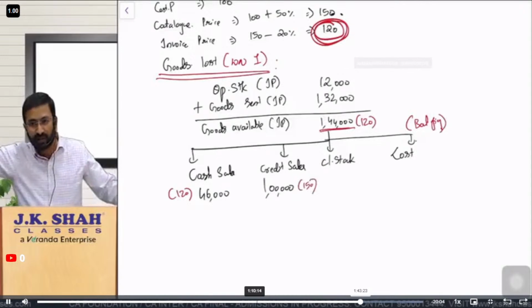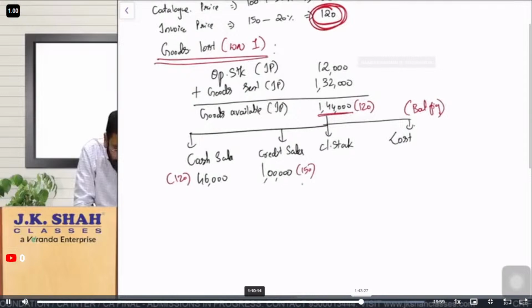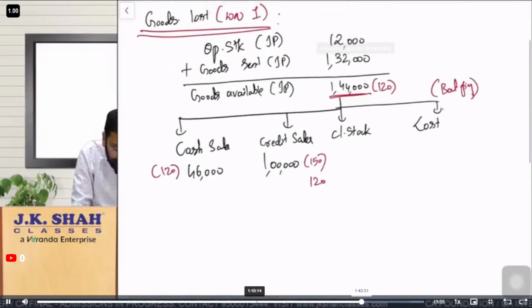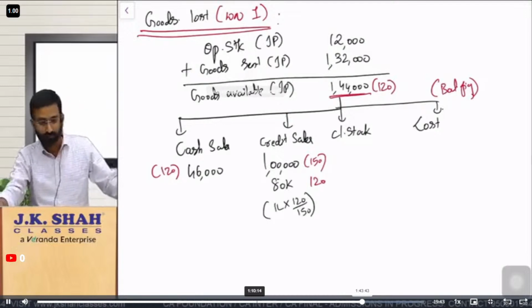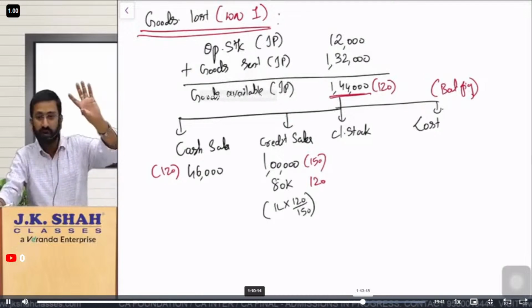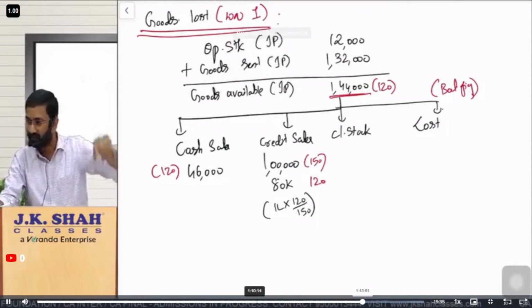So if 150 value is 1 lakh, 120 value is how much? 1 lakh into 120 by 150, 80,000. So in the 144 IP, 46,000 is IP of cash sales and 80,000 is IP of credit sales.